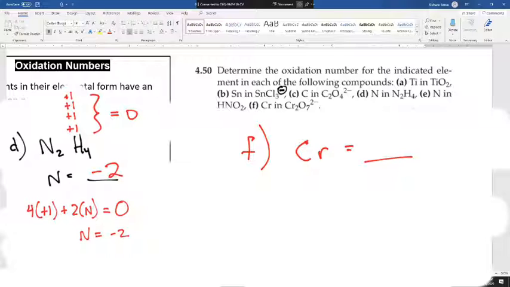Davis, what did we get for chromium in letter F? I got positive 6. Positive 6, you got it. So they can get up to like positive 6 or even maybe positive 7 in some weird ones. You'll probably never see like positive 15 or anything that high, but that's one of the higher ones there, positive 6. That's called dichromate, a polyatomic ion.